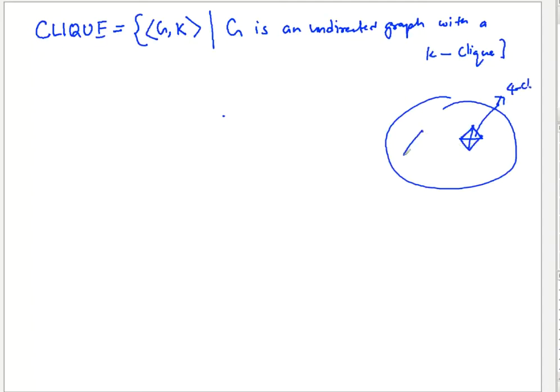A 5-clique, if you have it, will look something like this. It will certainly be connected to the rest of the nodes in the graph, but within those 5 nodes they are all connected to each other.